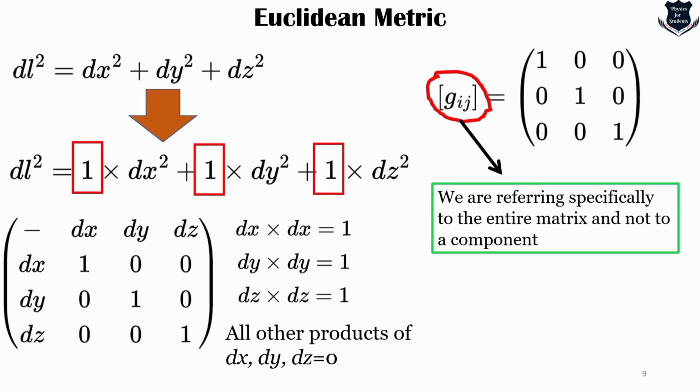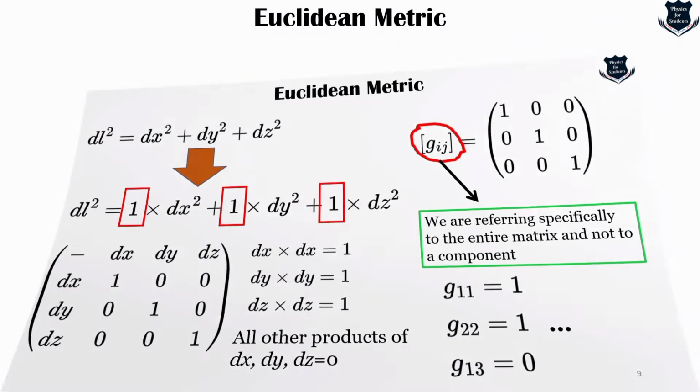This is just a convention, right? So here g11 equals 1, g22 equals 1, and g13 equals 0, and so on. This is important. When we represent this as the Euclidean matrix, we multiply these coefficients with 1 to make a nice 3 by 3 matrix where all other products go to 0, and this bracket denotes the entire matrix and not an individual component.